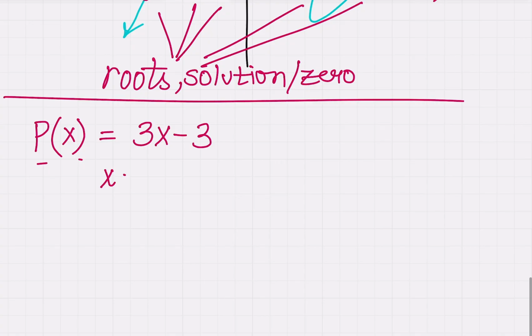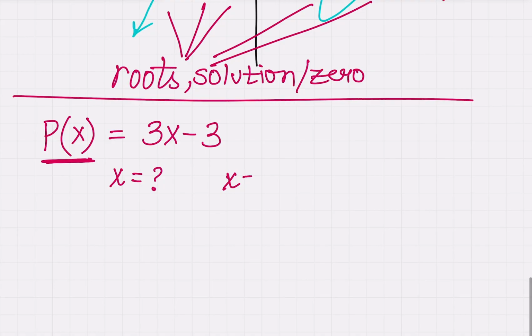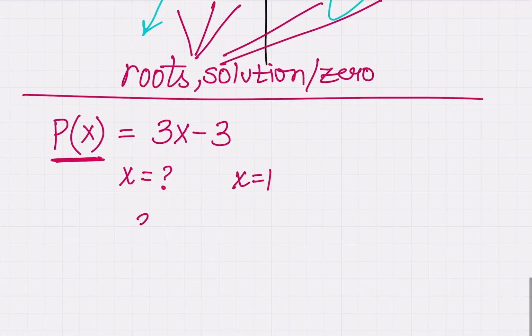I can plug in a certain value of x which will make this polynomial's whole value 0. So I hope you agree with me that if I put x equals 1 here, then my polynomial will become 3 times 1 minus 3, which is 3 minus 3. So 3 minus 3 is 0.